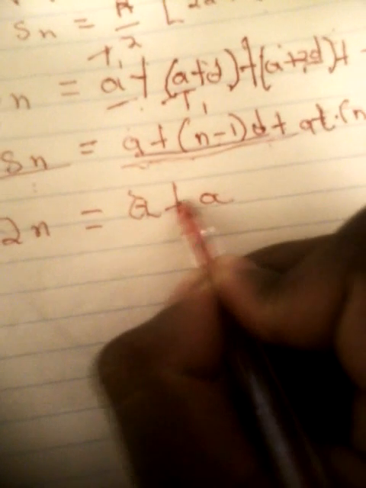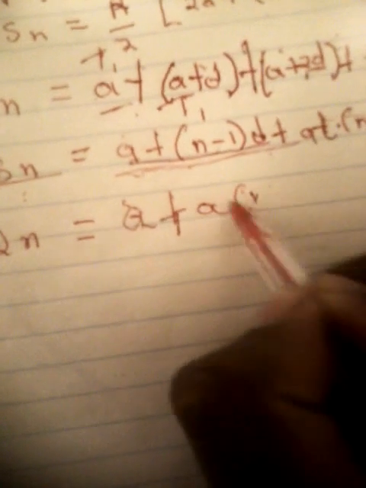So we have to add both equations: a from equation 1 plus the first term from equation 2, plus a, that is, a plus n minus 1 d.